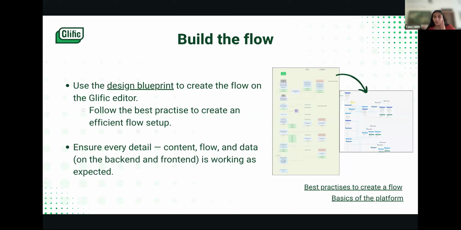So follow the best practices to create a flow on the Glyphic platform using your blueprint or the script you have prepared. Once you've created that, ensure you do one round of vanilla testing of your flow, to check that it looks to the user as expected.